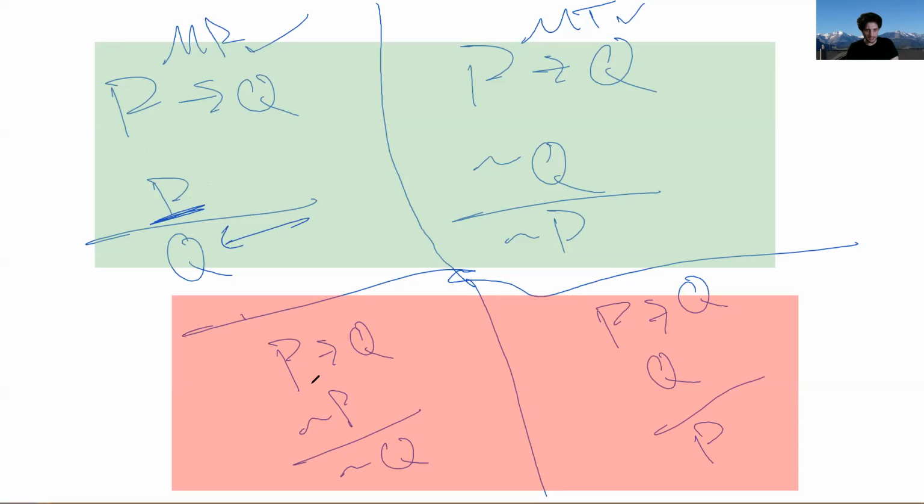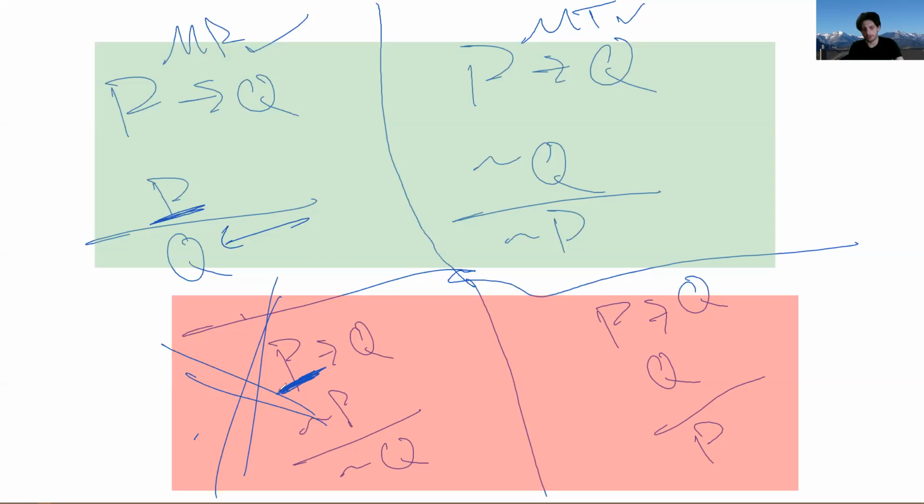But that's totally different from this one. This one down here is saying, okay, if today is Wednesday, then we have logic class, but today isn't Wednesday, so we must not have logic class. But that's not a good inference. What if you have logic class on another day? The whole point here is that P is only a sufficient condition, but it's not necessary.